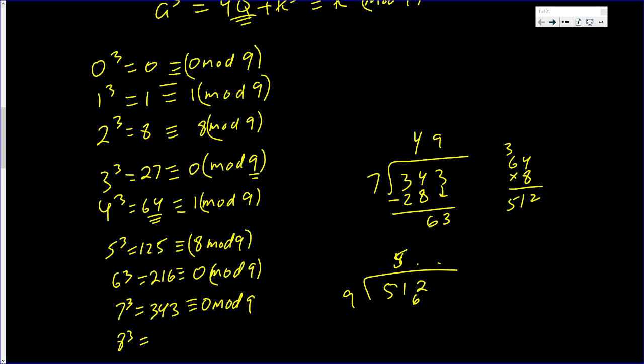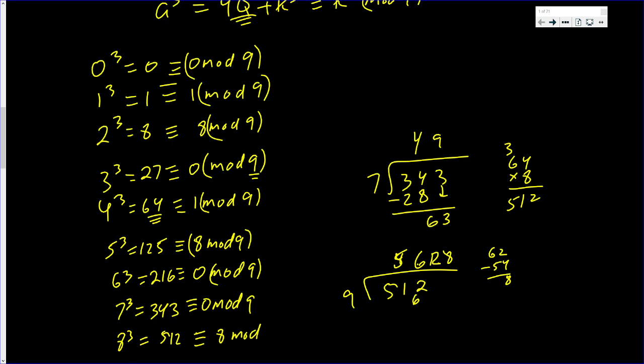It's 1 short. That means that the remainder will be 1 less than 9. It's gonna be 8. If you don't believe that, 9 goes into our 62 6 times. 62 minus 54 is the remainder.